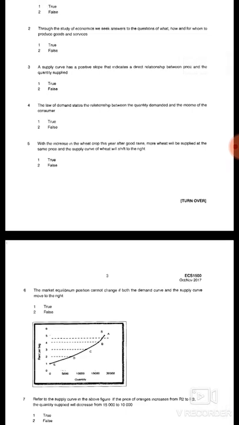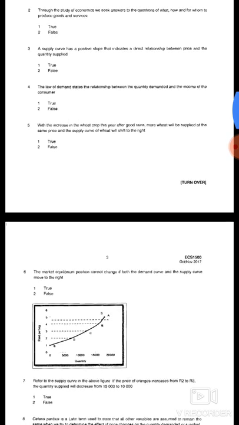With the increase in the wheat crop this year after good rains, more wheat will be supplied at the same price, and the supply curve will shift to the right. Okay, there's an increase in wheat because of good rain, so more wheat will be supplied at the same price and the supply curve will shift to the right.